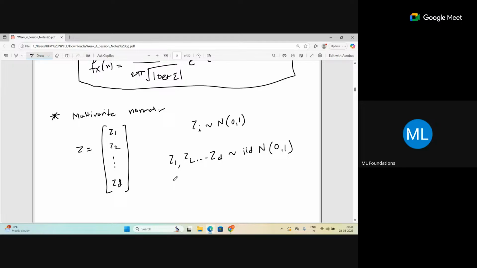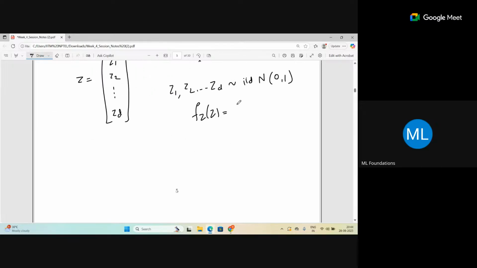So in that case, will I get to know f_z of z? Yes. How will that look? That will be 1 upon 2 pi to the power d by 2, again the square root of the determinant of sigma, and e to the power minus.